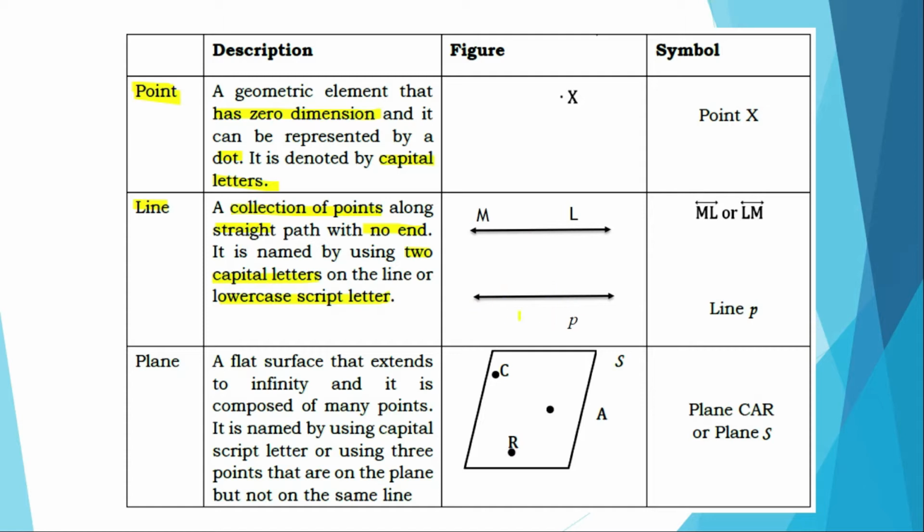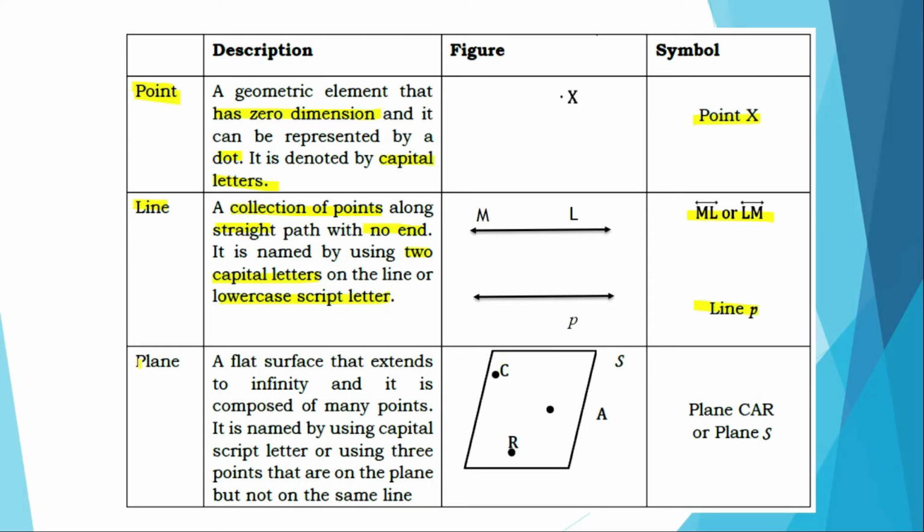Ito naman, it is named as line P. Ito yung example ng naming a line using 2 capital letters. At ito naman yung example ng naming a line using a lowercase script letter. Ayan. So, dito nyo makikita yung mga names nila.